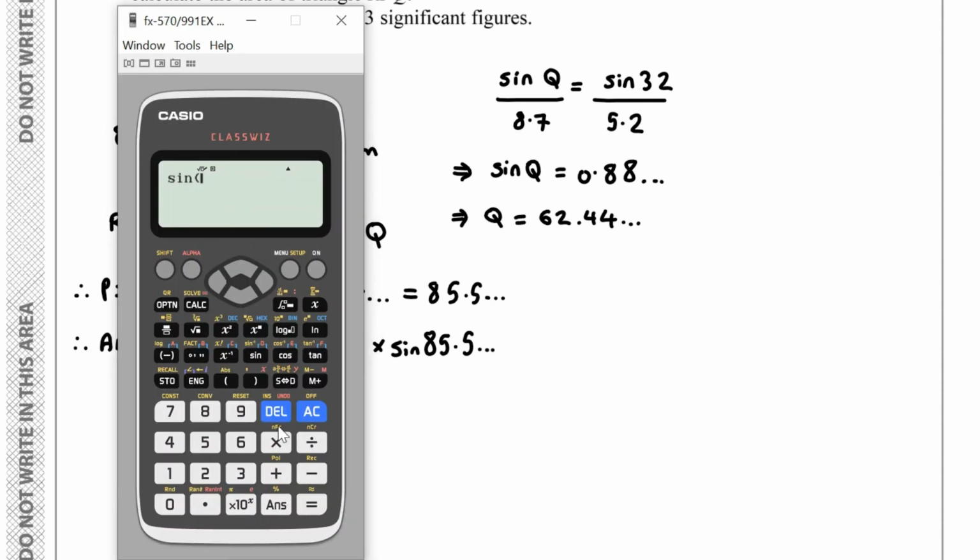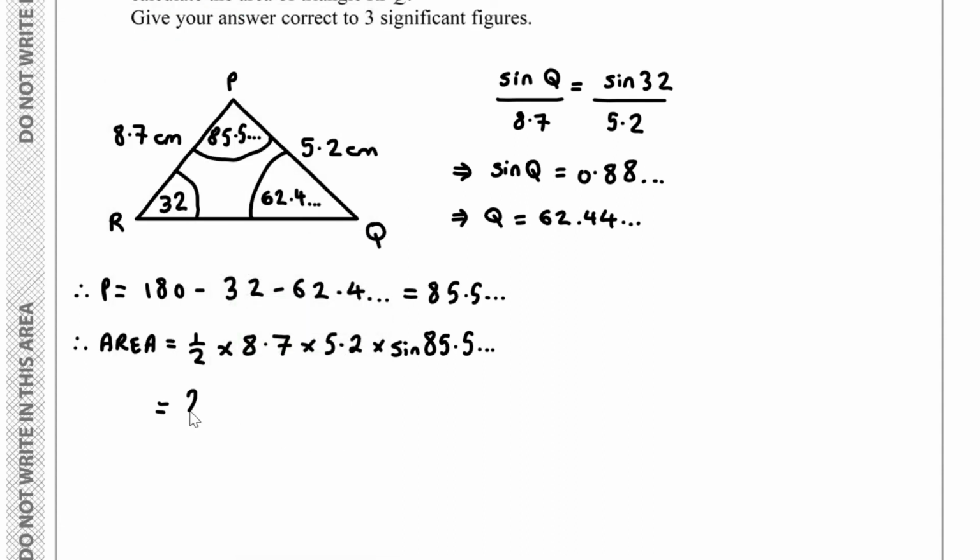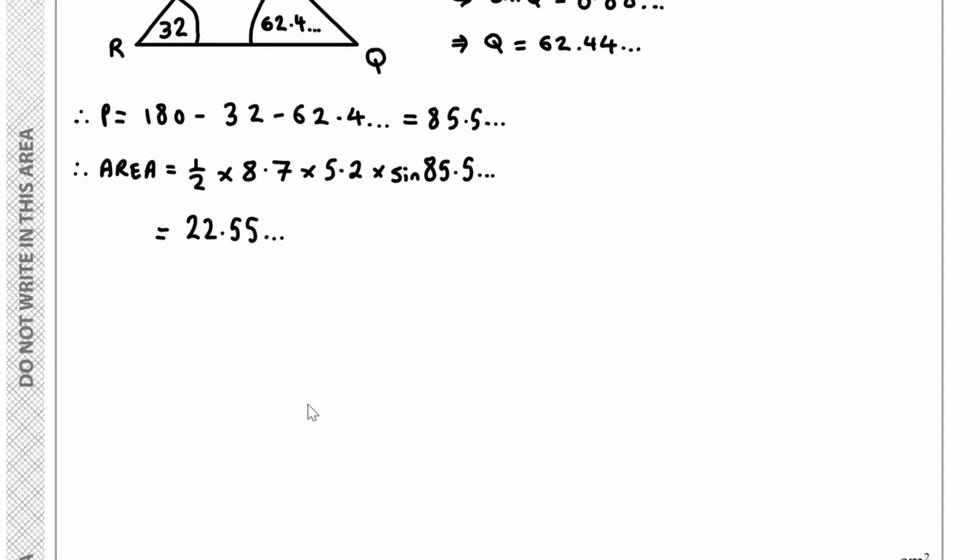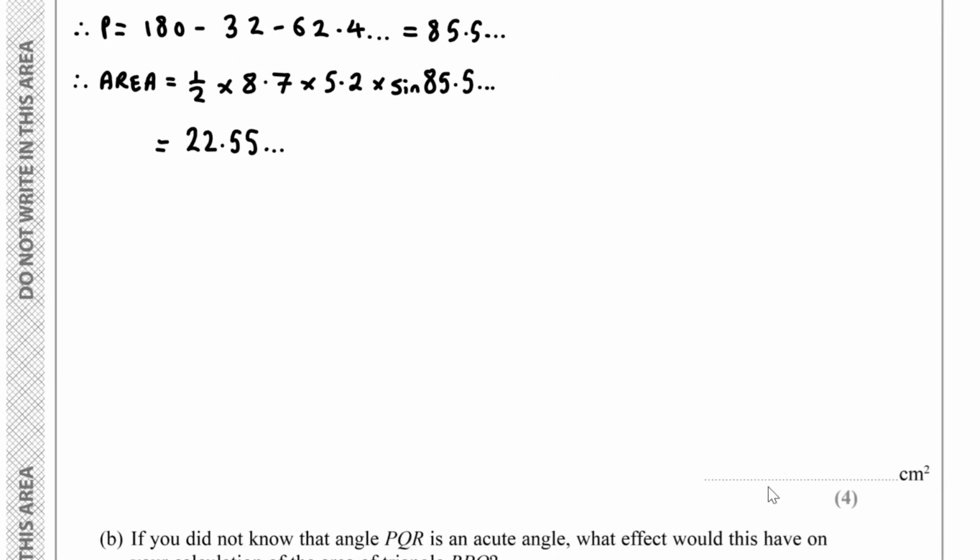We have the sine of this being multiplied by 1/2 times 8.7 times the 5.2. If we work this out, we get 22.55, etc. So therefore, to three significant figures, we have 22.6.